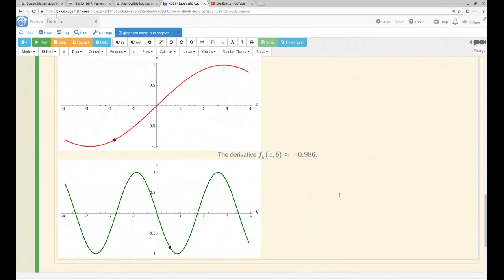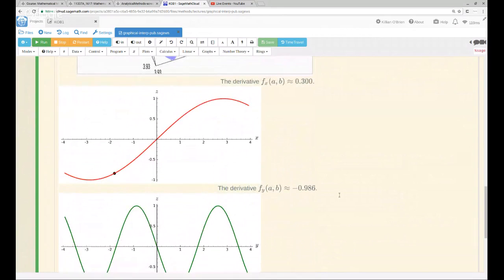So the partial derivative with respect to x, remember, is when y is treated as a constant, so y is this fixed constant b. The partial derivative of our function, which is sine of x times y, with respect to x, when you evaluate it at this particular base point (a, b), you get 0.3. 0.3 is the slope of the tangent line to this function at this point.